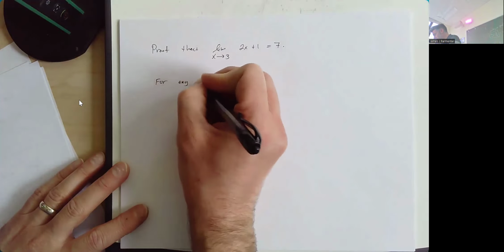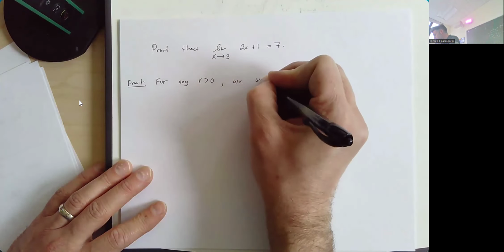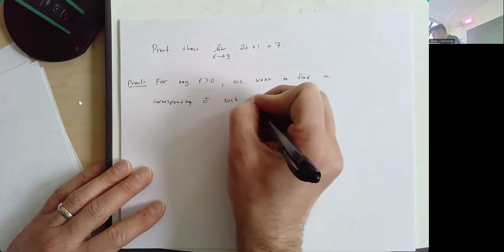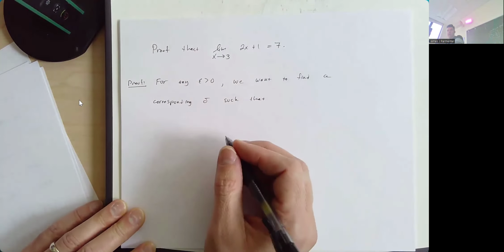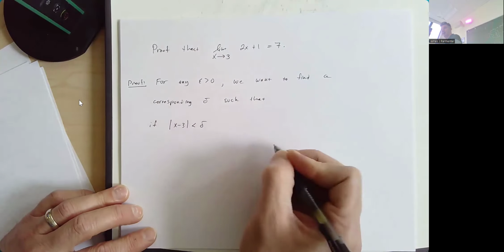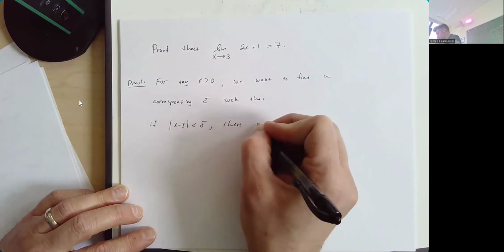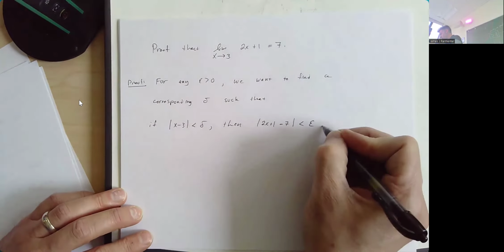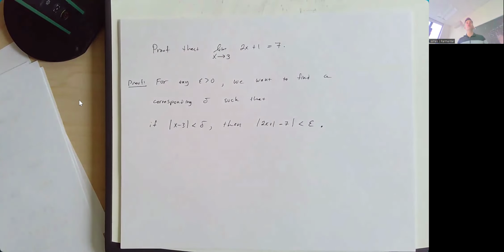So I'm going to start off by saying for any epsilon greater than 0, because we have to say that epsilon is positive, my proof: we want to find a corresponding delta such that, here's the big deal, if the absolute value of x minus 3 is less than delta, then the absolute value of 2x plus 1 minus 7 is less than epsilon. That's what we want to do, because that would show that the limit is what we think it is, right?